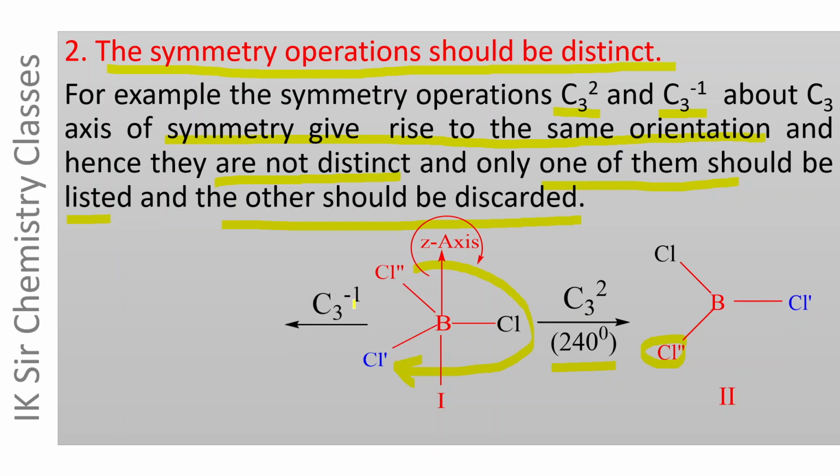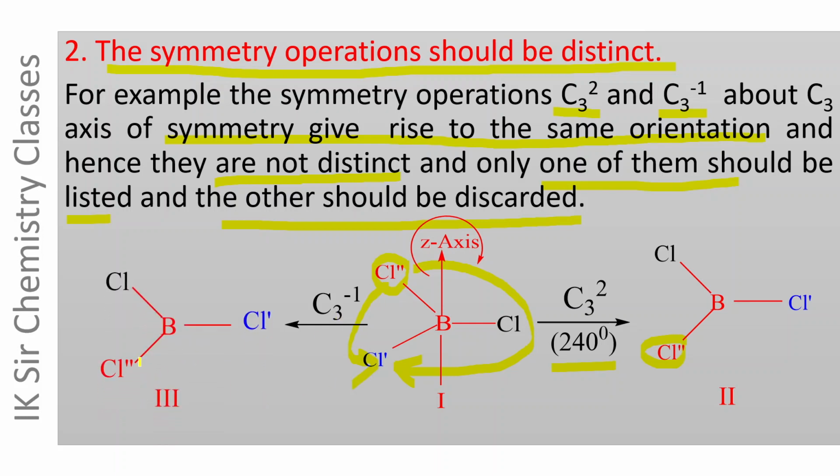And C3 inverse operation means rotation of this BCl3 molecule about the C3 axis of symmetry by 120 degrees in anti-clockwise direction. And if this BCl3 molecule is rotated about the z-axis by 120 degrees in anti-clockwise direction, this Cl double dash atom will come to this position as in orientation number 3.